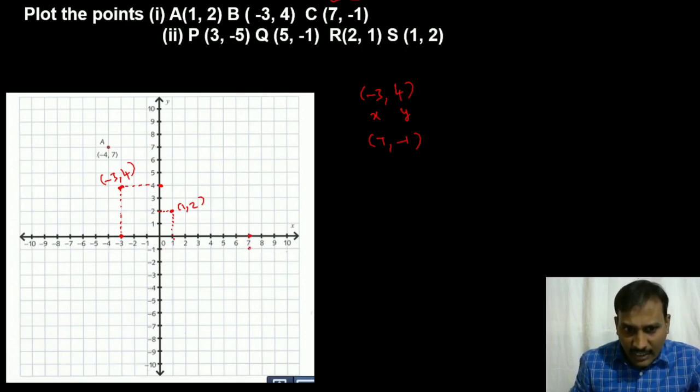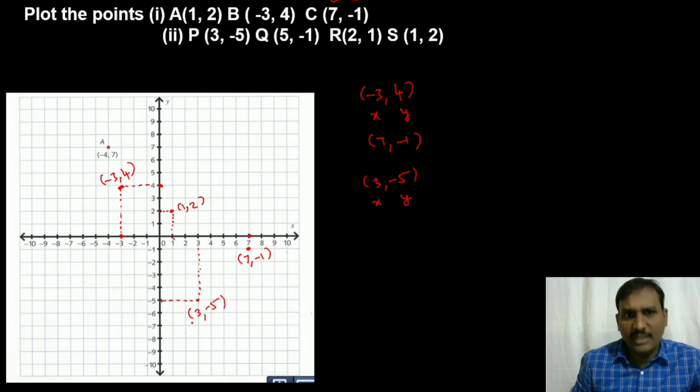And what about 3 comma minus 5? x is 3, y is minus 5. So this is 3 and this is minus 5. So this is 3 comma minus 5.